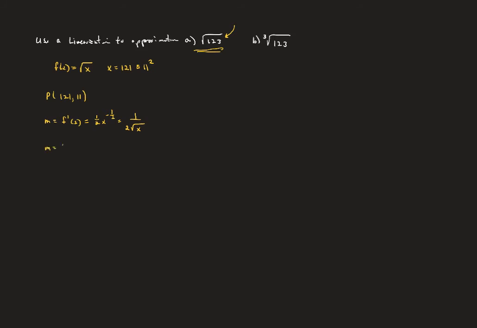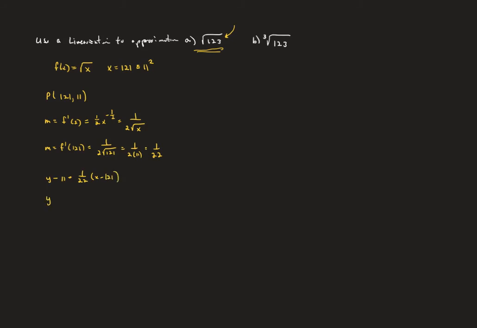So the slope is going to be f prime evaluated at 121, which is going to be 1/2 times the square root of 121, which was 1/2 times 11, which is going to be 1/22. So our tangent line is going to be y minus the y coordinate of our point, which was 11, is equal to our slope 1/22 times x minus 121.